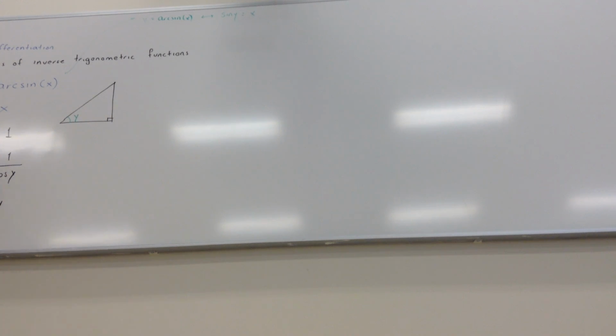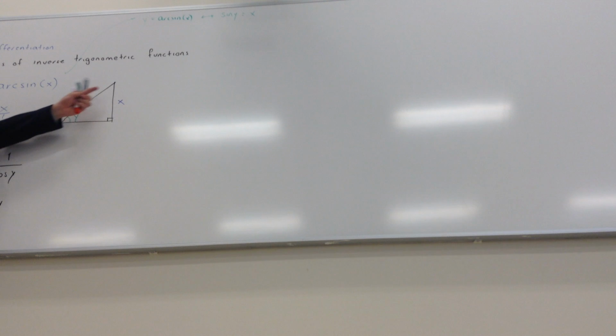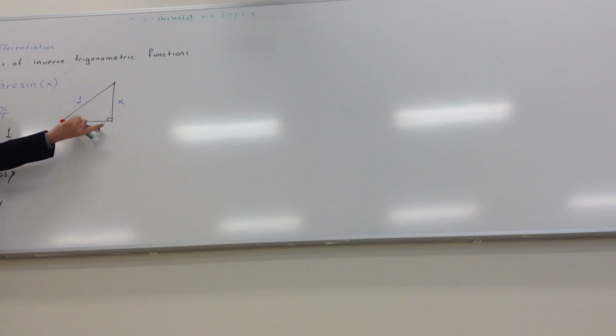And what was the sine of the angle in the right triangle? Opposite over hypotenuse. So in this case, x over 1 is x, so x is going to be my opposite, and that 1 is going to be the hypotenuse.